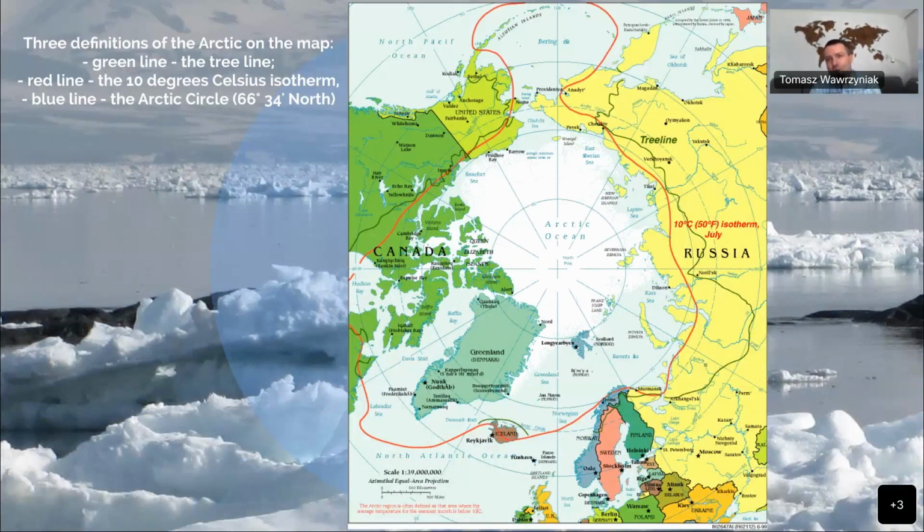So according to different specialists, if you talk with the biologists, they can define the Arctic with this green line. So it shows where the trees reach. Above it, there is only tundra vegetation. So for them, it will be a different area than for those that use the Arctic Circle as the definition of the Arctic.